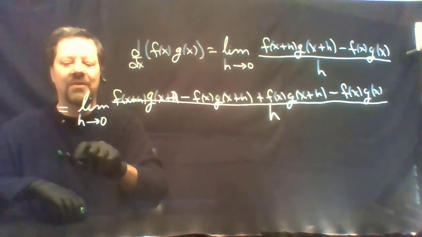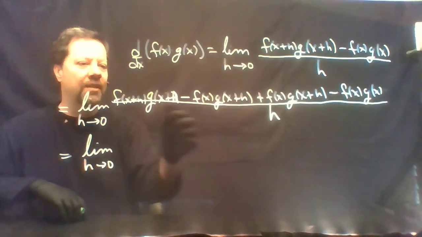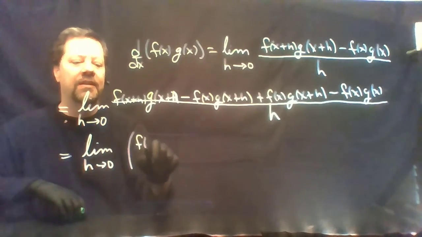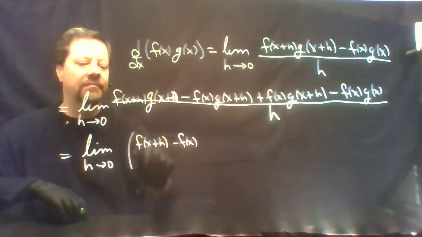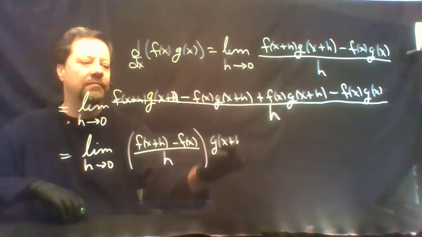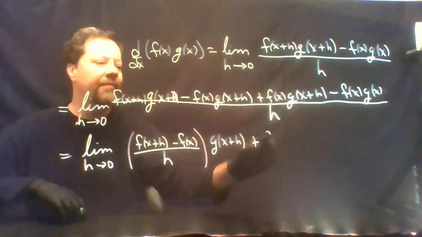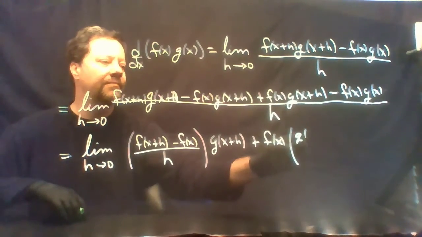Now, we're going to separate this out a little bit. On the first term, we have a common factor of g of x plus h. I'm going to factor that out on the right. In the next two terms, we have a common factor of f of x. I'll factor that out on the left.